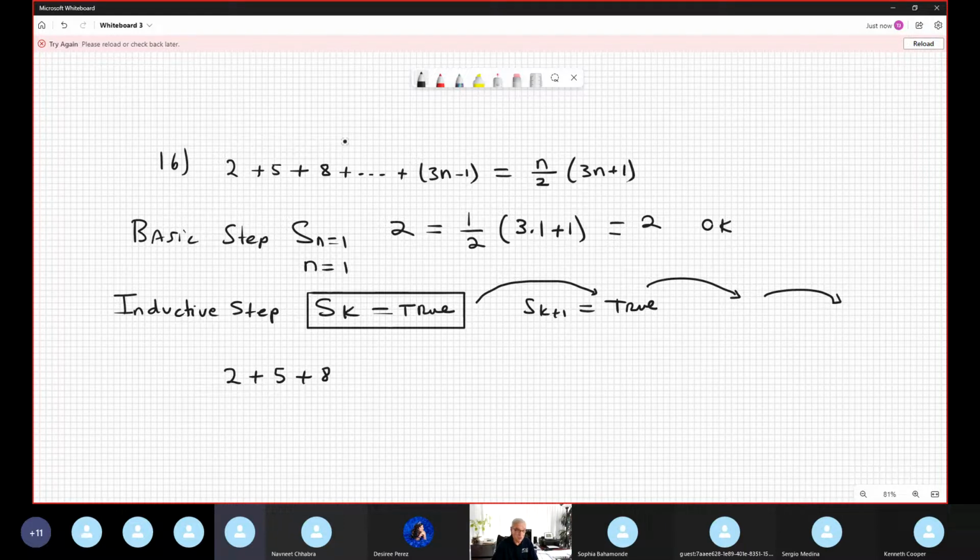So now, you copy exactly the same original problem, but now you replace n with k. So 3k minus 1. That's equal to k over 2 times 3k plus 1. And you assume it is true.